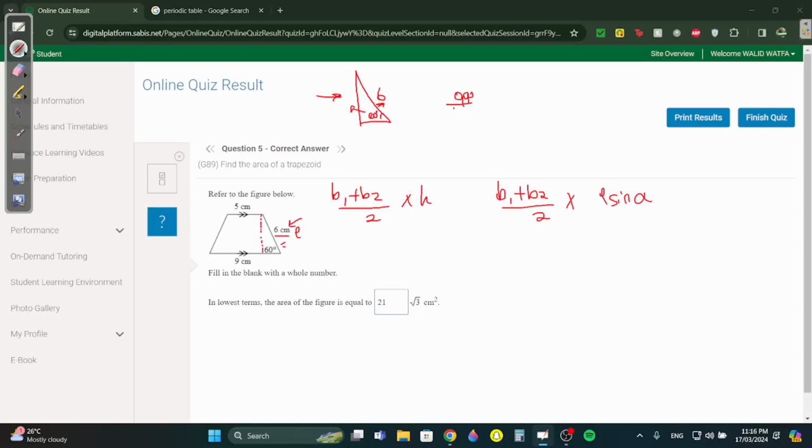Opposite over hypotenuse, that's sine. Sine 60 equals that height over this side that we call L. So how would you find the height? It would be sine 60 times L. That's why I say L sine alpha. And you're going to get 9 plus 5 over 2 times 6 sine 60, which is 21 radical 3.